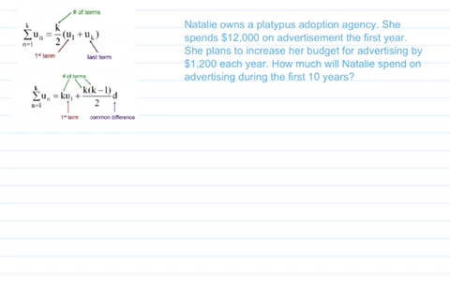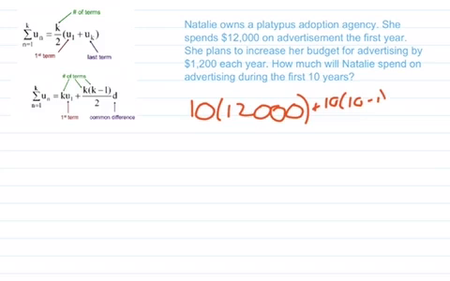So we're going to use the second equation, and so 10 years multiplied by 12,000 plus 10 multiplied by 10 minus 1 over 2 multiplied by 1200.